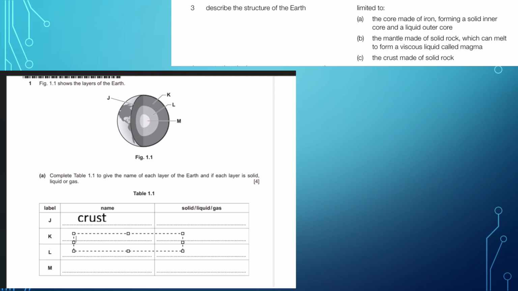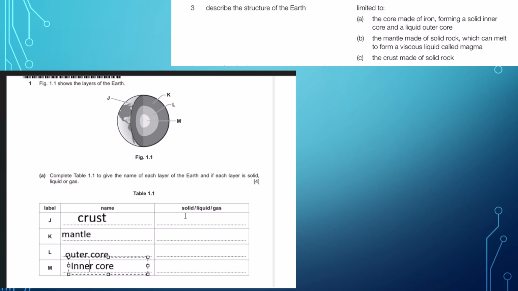Then we have our mantle, our outer core, and our inner core. And that's half of the points.